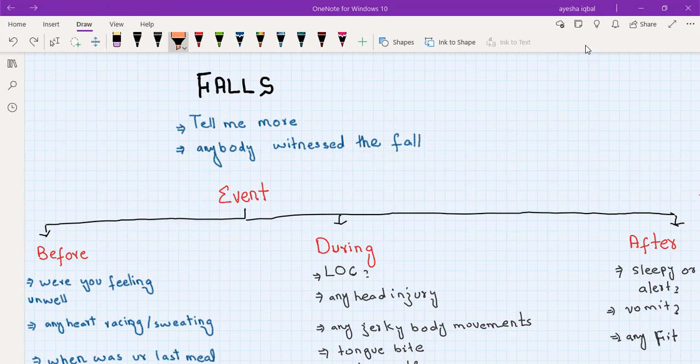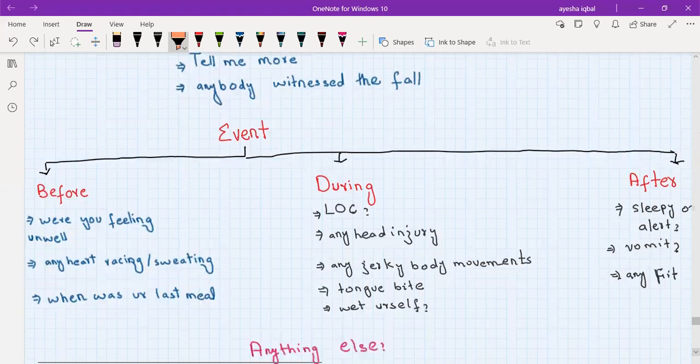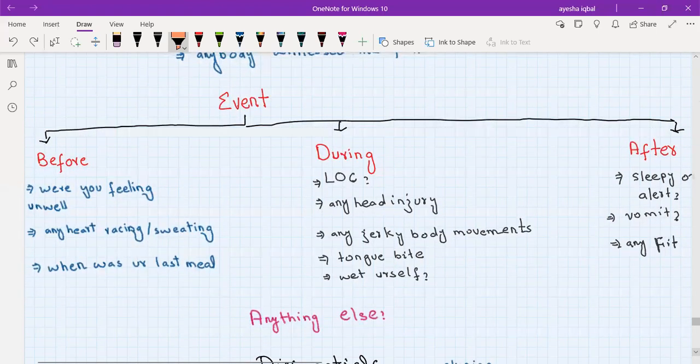That is, what happened before this event, what happened during this event, and what happened after this event. In before, you will ask how were you feeling before the fall? Were you feeling unwell recently? If unwell, what were the symptoms that you were experiencing? Were you experiencing any heart racing or sweating? And when was your last meal? Heart racing and sweating occur in hypoglycemia.